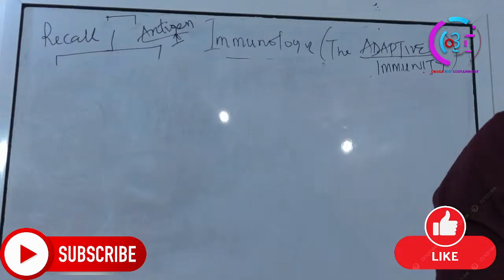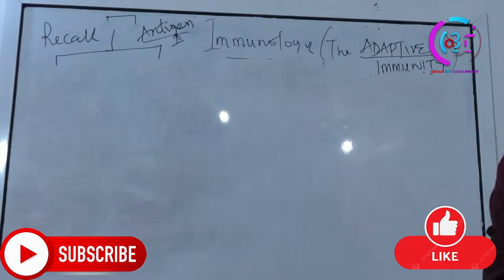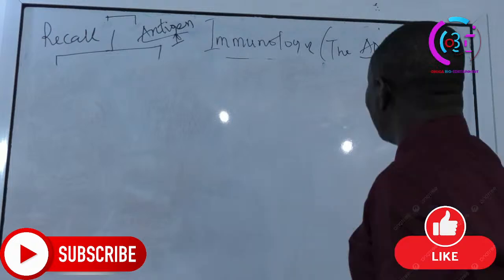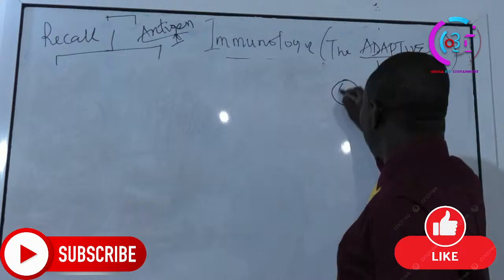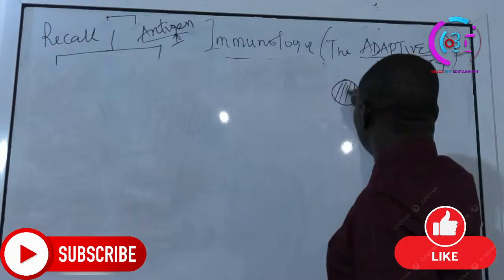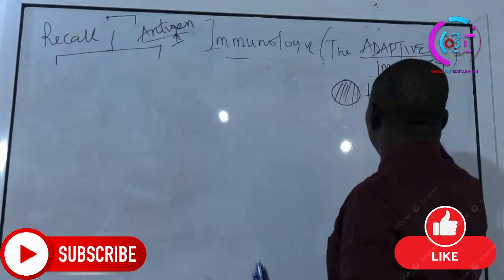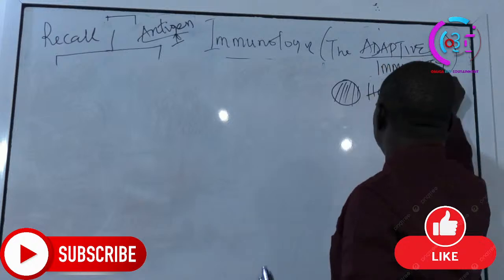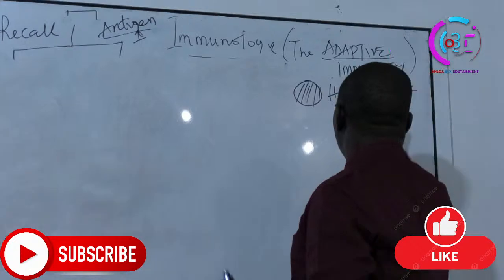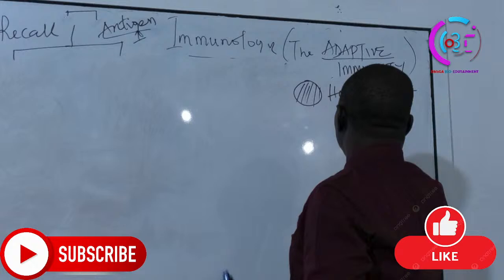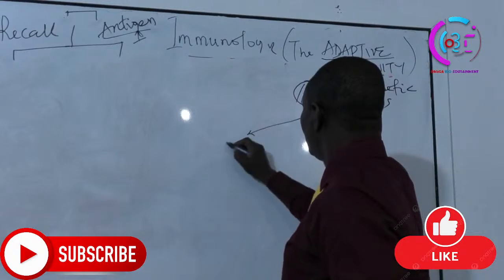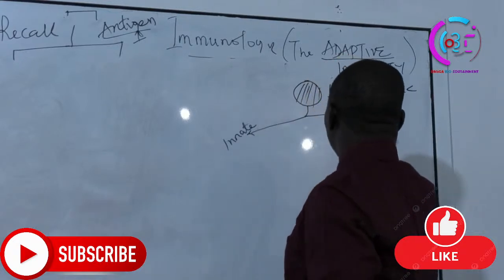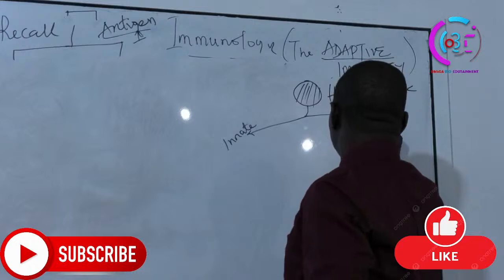Okay, don't forget that both the innate and adaptive immune systems develop from the same source, and that source is called hematopoietic cells. Two of them develop from there. So one will go into innate, and the second arm will go into what? Adaptive, or the acquired.